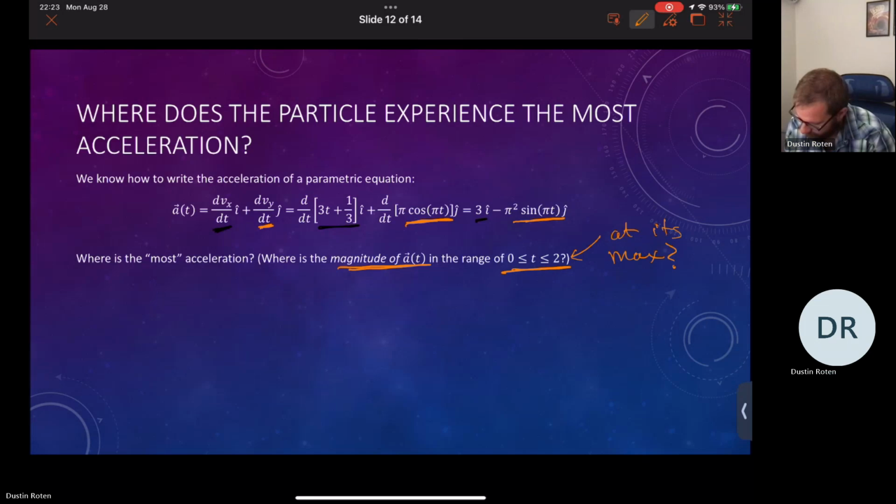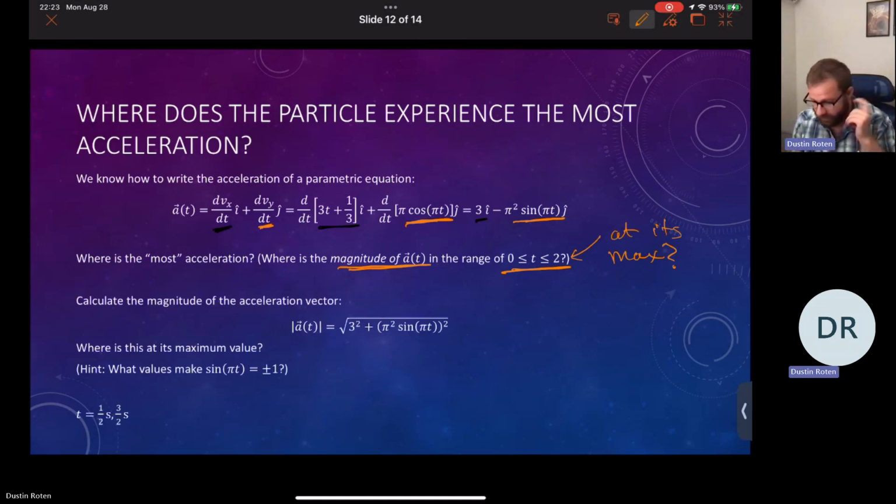We want to know in this range from 0 seconds to 2 seconds where the magnitude of the acceleration vector is absolutely maxed out. We can calculate the magnitude of the acceleration vector. We know how to do that because that's just adding in quadrature.